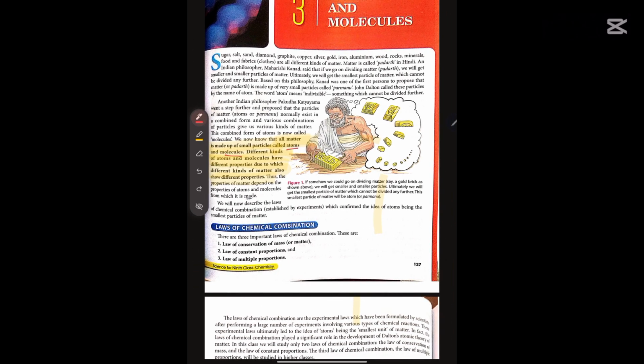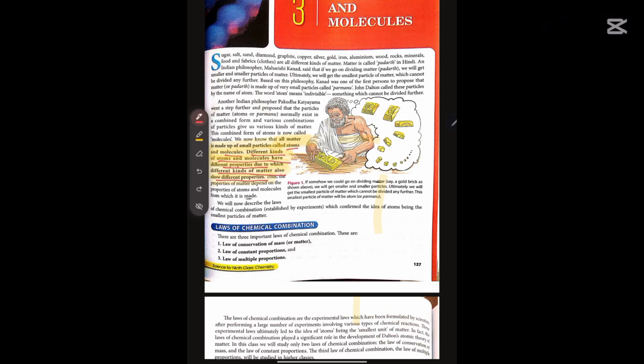Now different kinds of atoms and molecules have different properties, due to which matter also shows different types of properties. We have seen that matter exists in three main states: solids, liquids and gases.